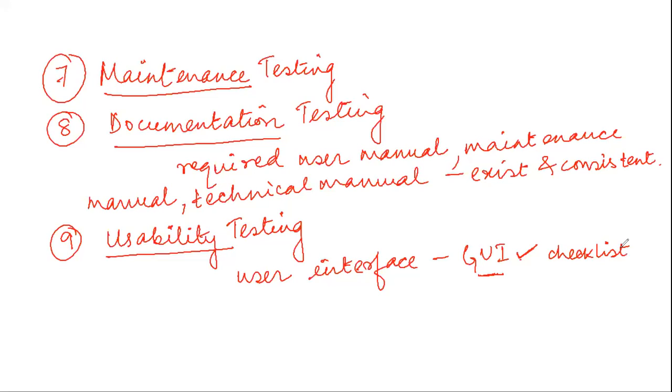So the display screens, the messages that it will show, the reports that it will make, whether these are all consistent and according to the checklist specified in the SRS document, that needs to be checked. Suppose I want to build an OS, just building an OS won't be justifiable. I will have to build the OS according to the requirement of my client. Exactly what is specified in the SRS document needs to be delivered to the client.